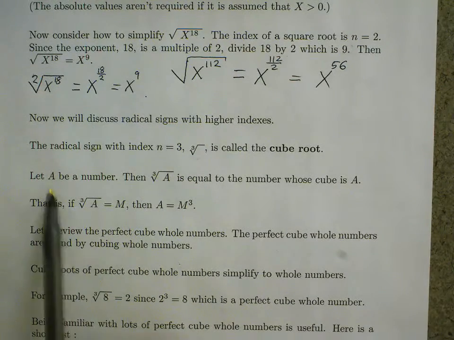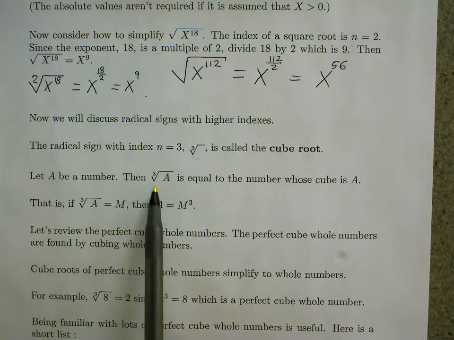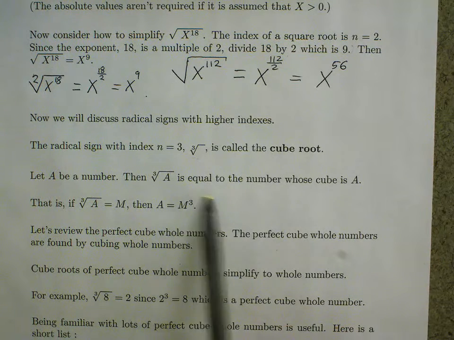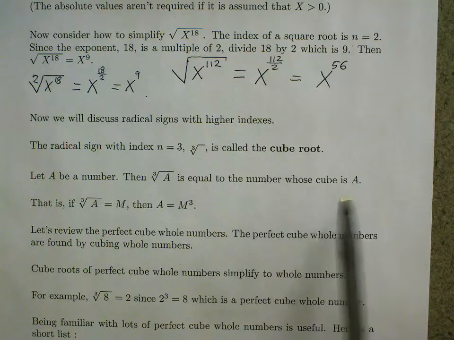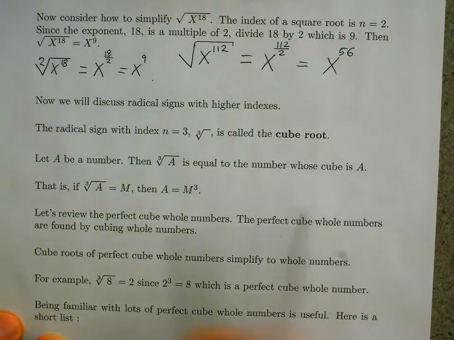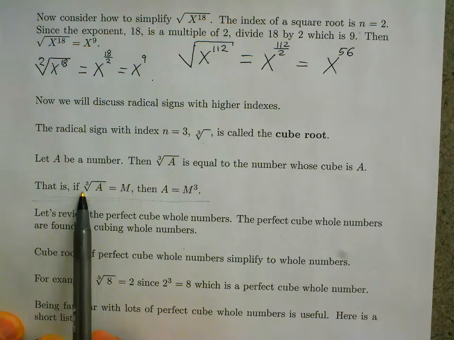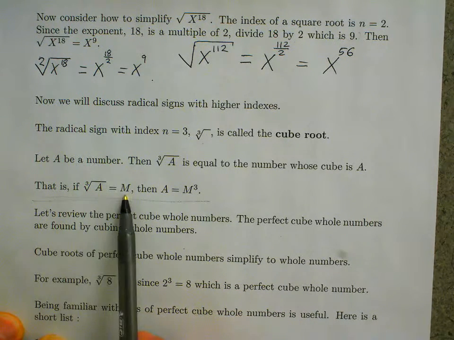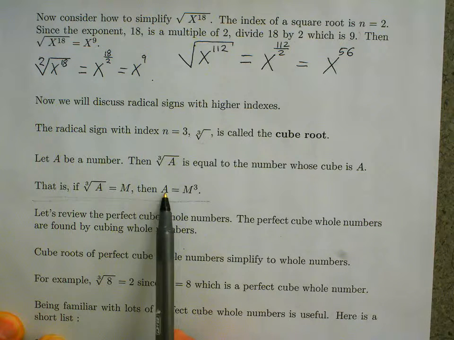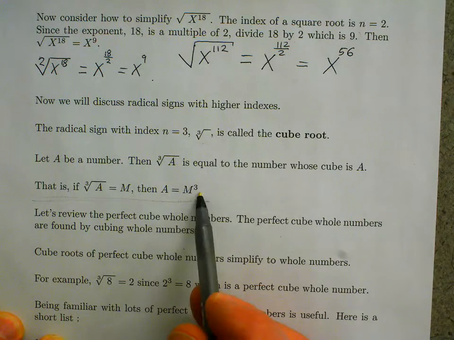So if we let a be a number, then the radical of a with index 3, or the cube root of a, is equal to the number whose cube is a. So in other words, if the cube root of a equals m, then that's equivalent to writing a is equal to m to the third.